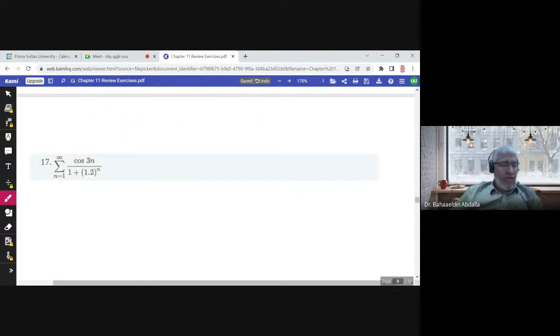Well, I have cosine 3n over 1 plus 1.2 to the power n. I know that any cosine is always between 1 and negative 1, so it's less than or equal to 1.